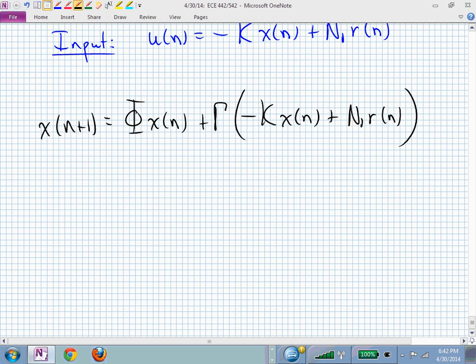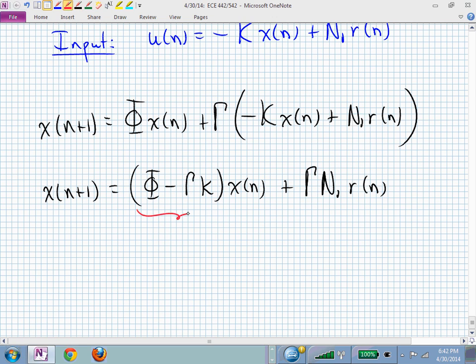Let's collect our like terms or coefficients for the state vector x, which will be matrices, and we can just keep the r term by itself, meaning we now have phi minus gamma k times x of n plus gamma n sub 1 r of n, and that's x of n plus 1.